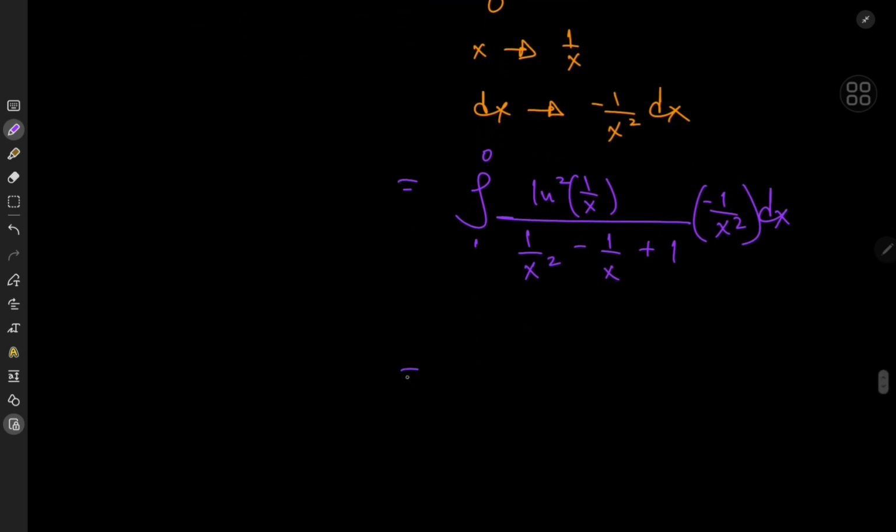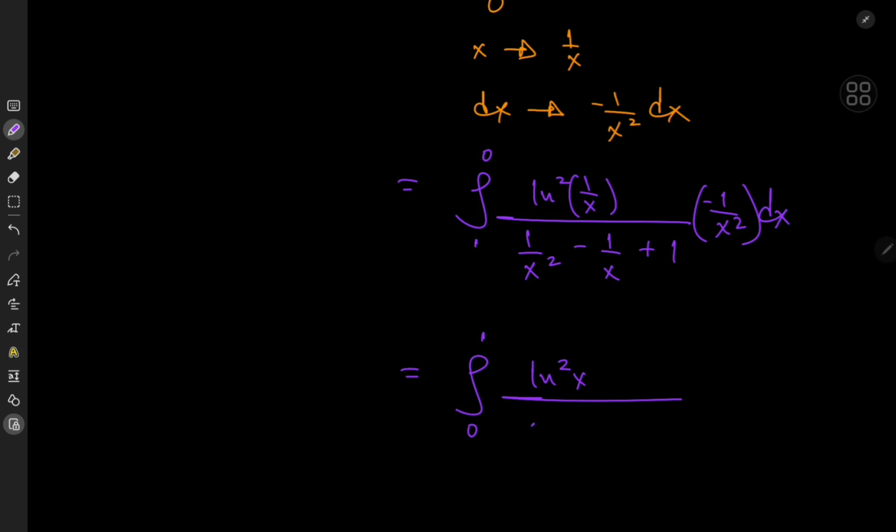Switching up the limits of integration gets rid of the extra negative sign, so we now have integral 0 to 1. And what about log square x? Log 1 by x is equal to negative log x, but here we're squaring everything, so we still get log square x. So there's log square x, and in the denominator, what exactly are we getting?